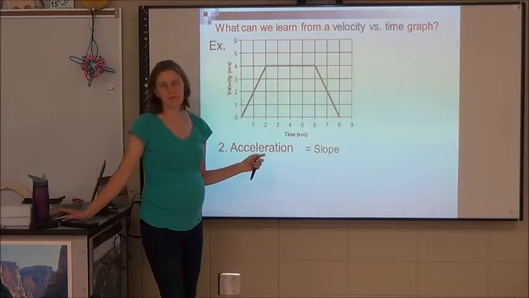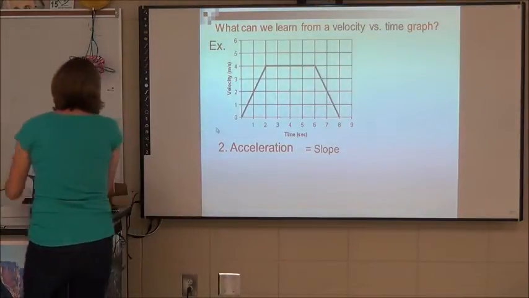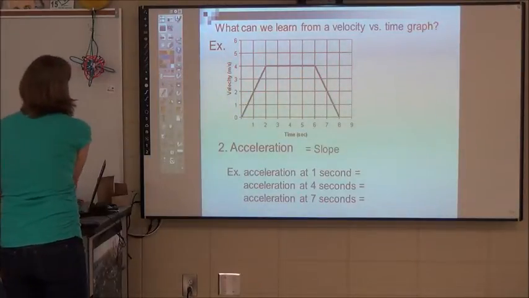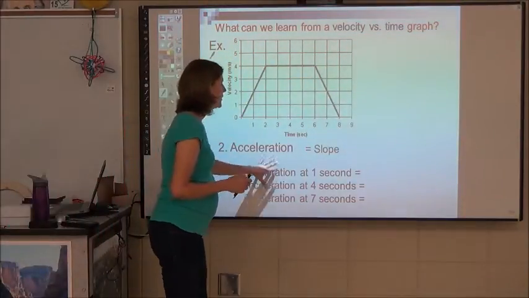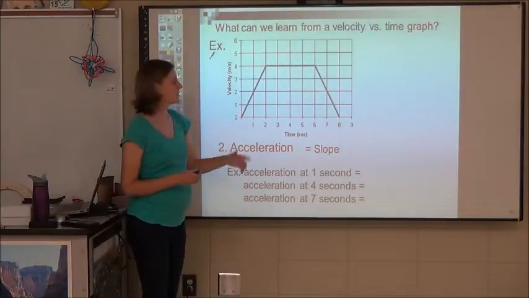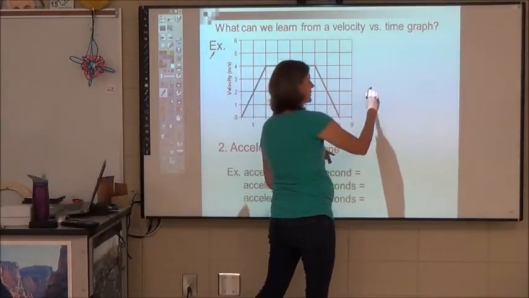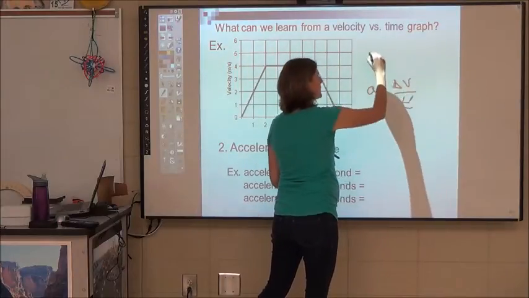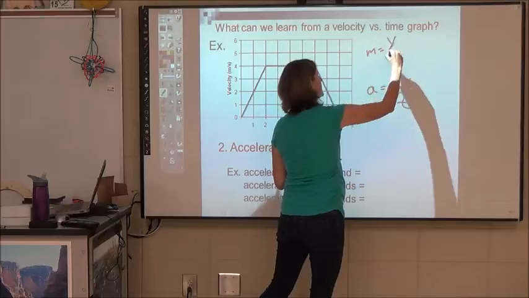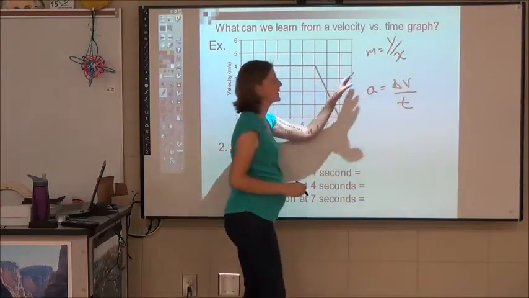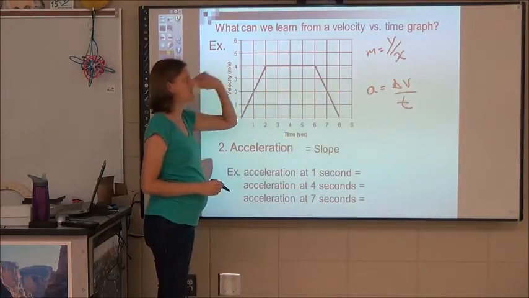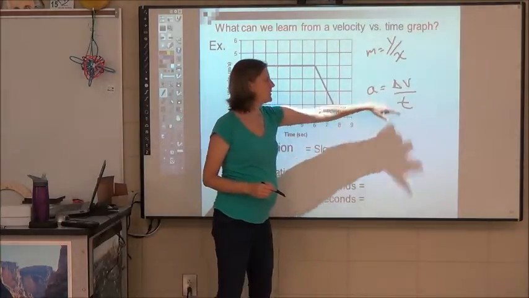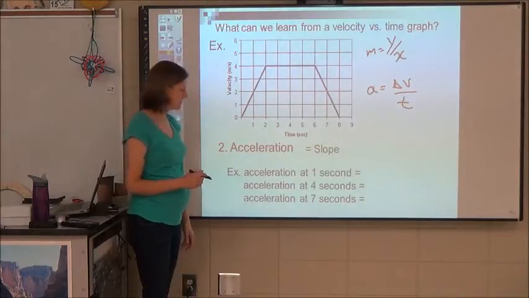But what if I ask for acceleration? Acceleration is also slope on a velocity graph. Just like y equals mx plus b, we can say the slope is y over x. That also fits this equation too, velocity over time.